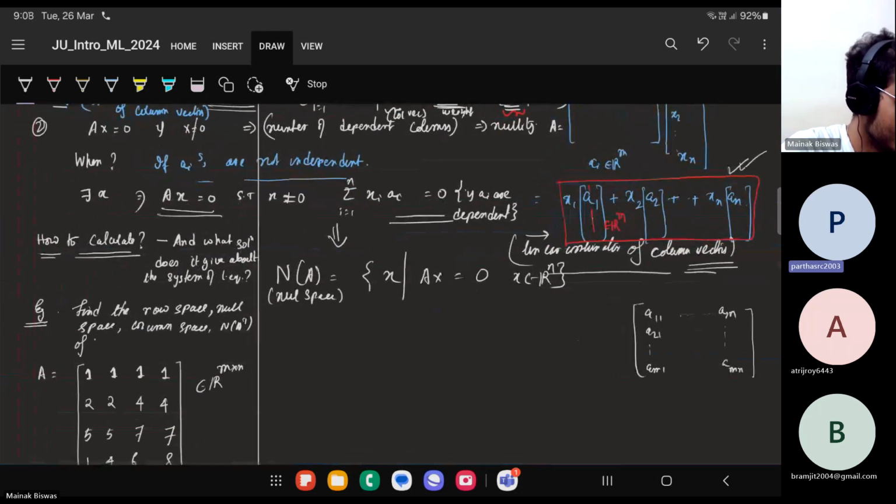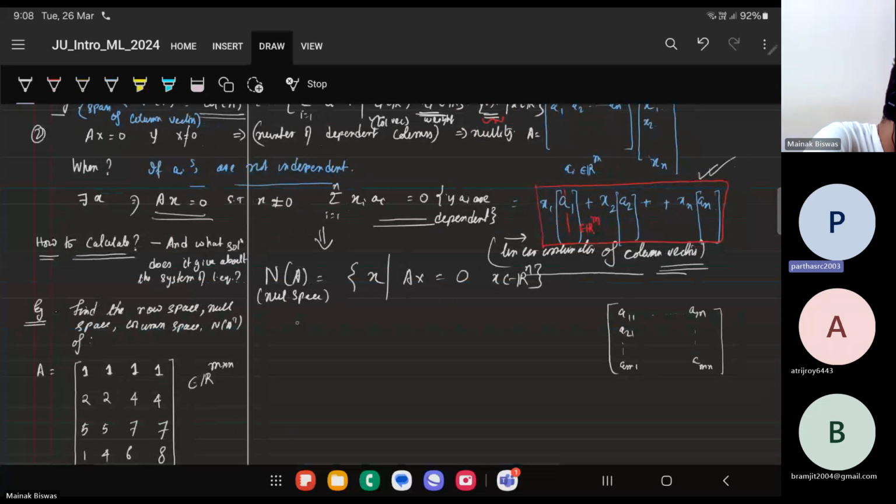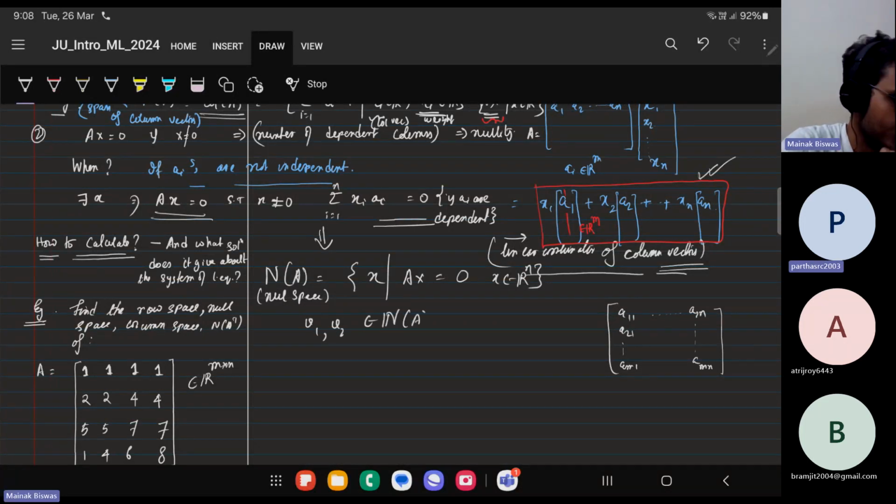First, I'll just see that any two vectors V1 and V2 belong to null space.